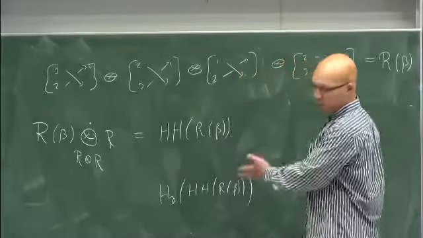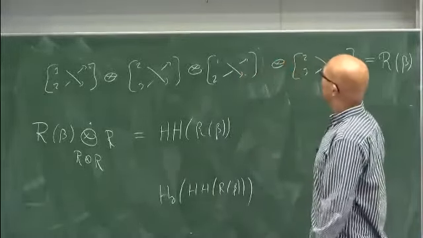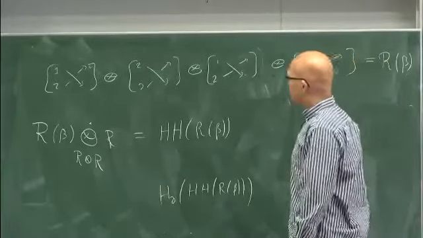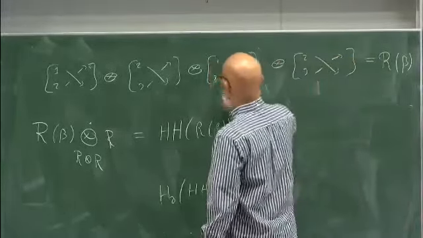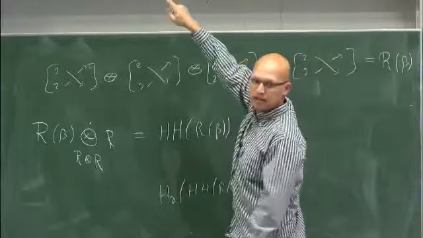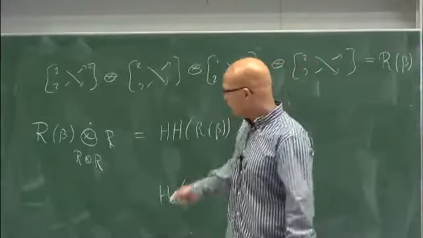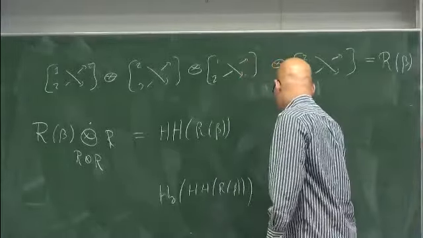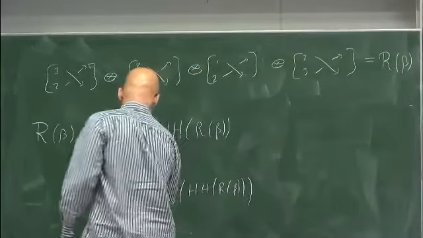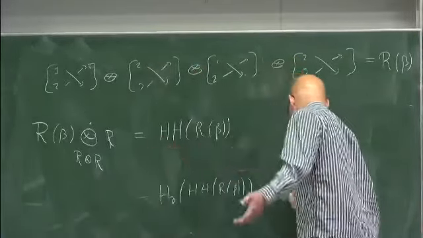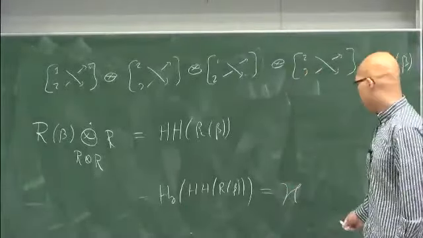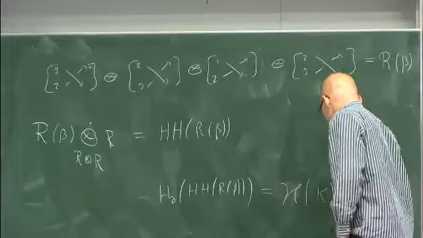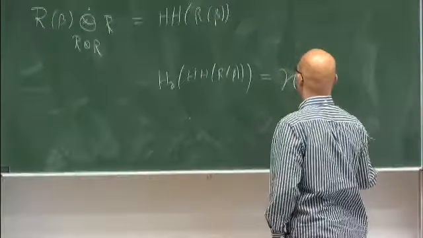And now I have a triply graded vector space, and the 3 gradings are: one is the polynomial grading, one is the grading from the Hochschild homology, and one is the grading from the complex. The theorem that Khovanov and Rozansky prove is that this is in fact an invariant of the knot. And so it's an H of this knot, and it has 3 gradings.